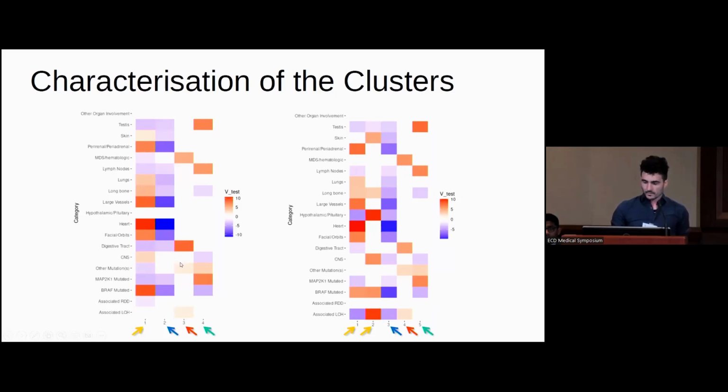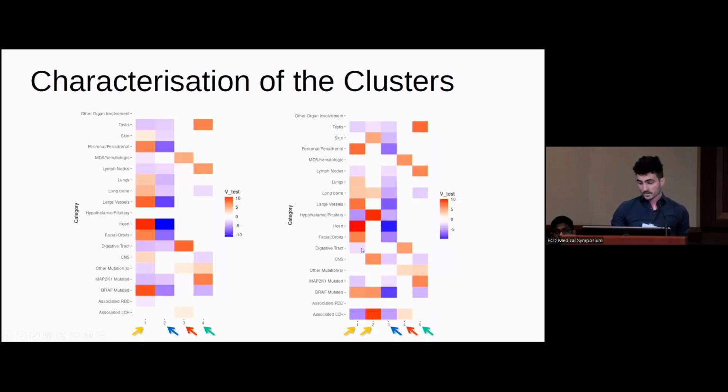And when you perform a cluster analysis and you observe the model with 5 clusters, this cluster gets split, and you maintain the high frequency of BRAF mutations. One has a high cardiovascular involvement with heart, large vessel, and associated to that, the perirenal involvement.